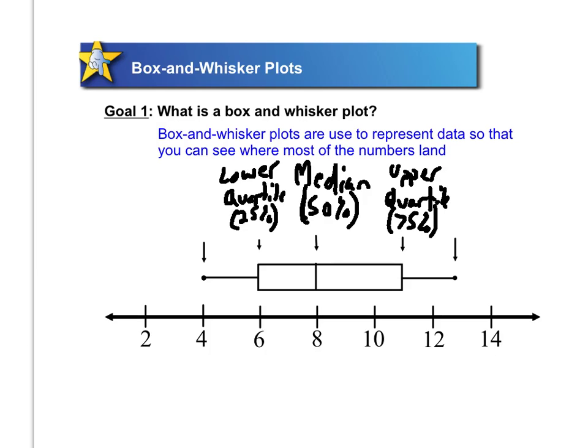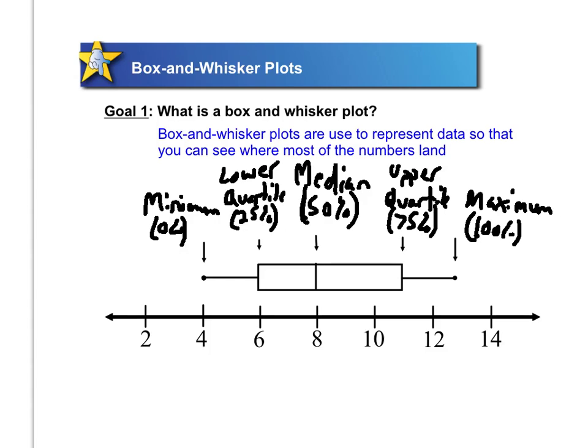And then down here, we've got the minimum value, or the lowest value. That is the 0 percentile, which means that 0% of the data is below this number, and that should make sense because it's the lowest number. Then up here we have the maximum, and that is the 100th percentile.